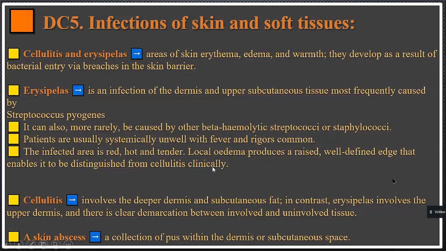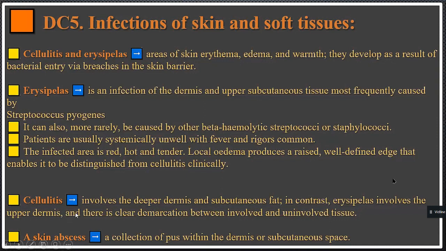So you can differentiate between them in the exam if they give you the image, or if they mention in the scenario a raised, demarcated area and so on. Cellulitis involves the deeper dermis, so it's deep, and the subcutaneous fat.